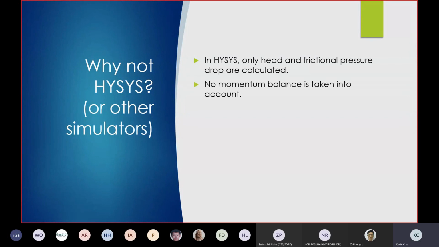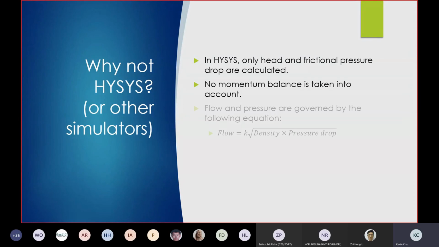You might be wondering why we are using Pipenet instead of HYSYS for the hydraulic computations. The reason is that in HYSYS, only head and frictional pressure drop are calculated, and no momentum balance is taken into account.